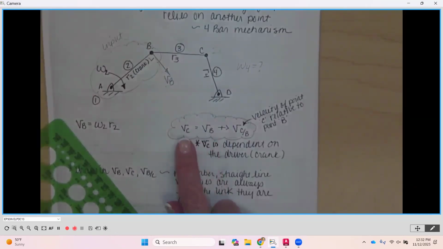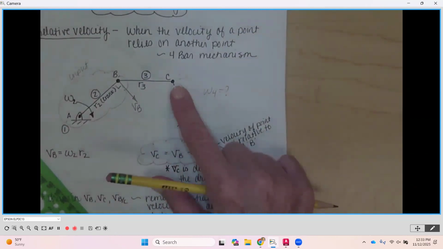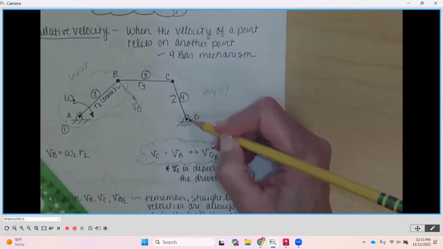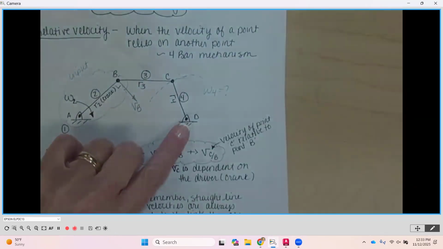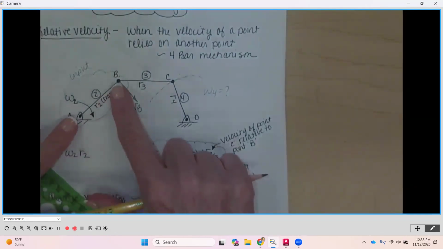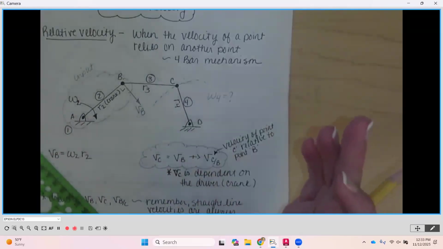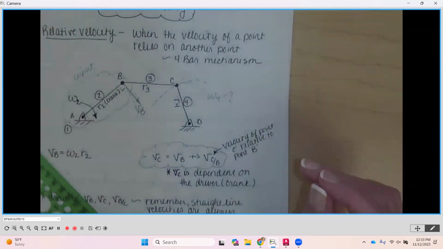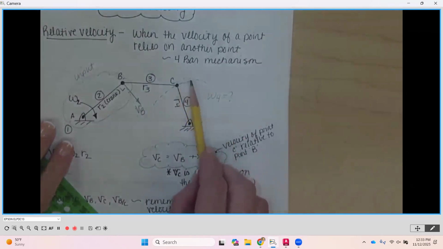Okay, so velocity of C, straight line velocity of C. Velocity of C is at the end point of link number 4, which also rotates about a fixed center, in this case D. So it can only go along that circular path, right? Now, if we rotate link number 2 in a clockwise direction, and we envision what this is going to look like, chances are this is going to start moving in a clockwise direction as well.